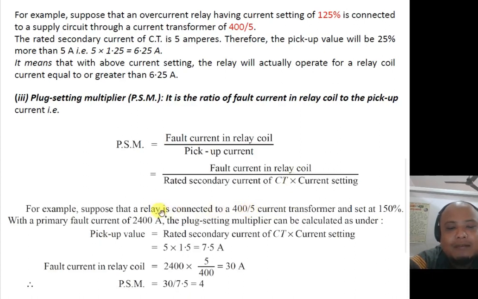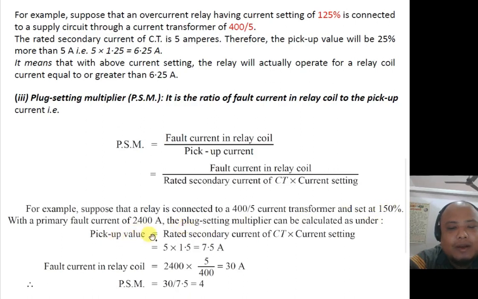and the relay has a current setting of 150%. Now in the line during fault condition, the fault current is 2400 ampere. To find the plug setting multiplier, first we need the pickup current of this relay using this current setting.